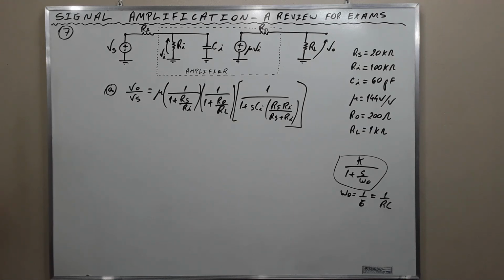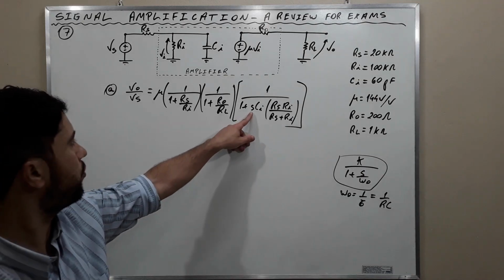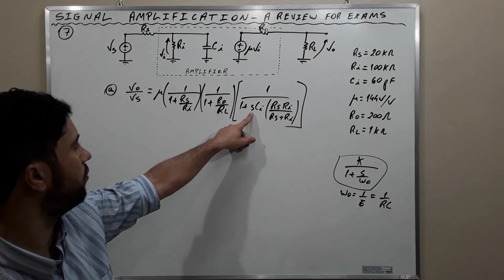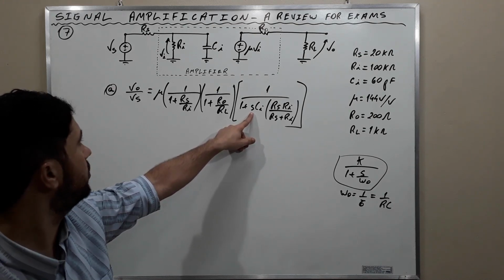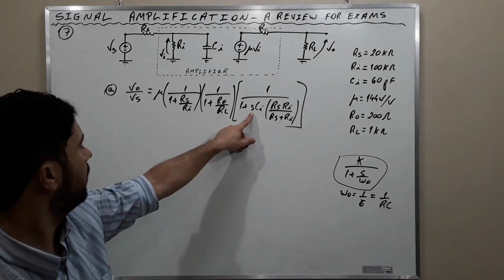All right, the exercise wanted us to precisely do this. Let me refresh my mind. The exercise in letter A stated that we should derive an expression for the amplifier voltage gain as a function of frequency. Okay, it is expressed here as a function of frequency.